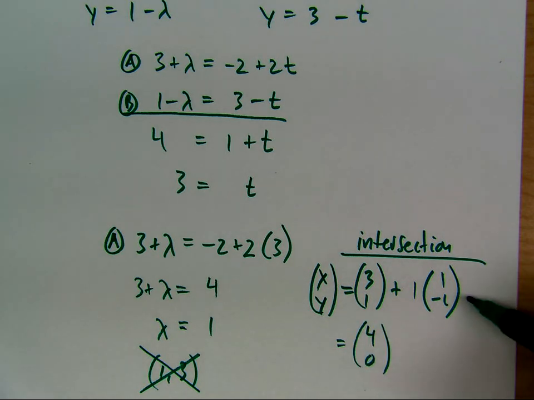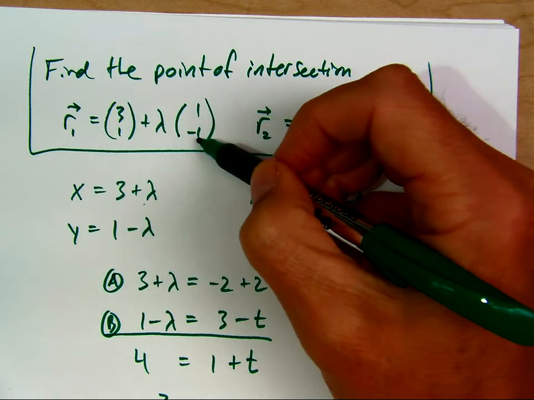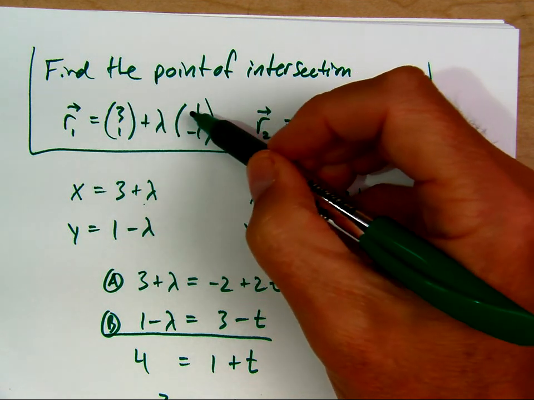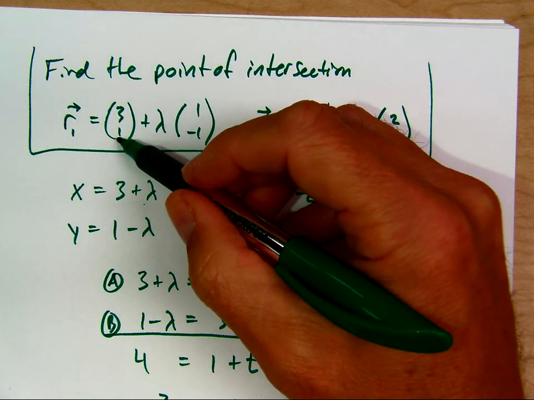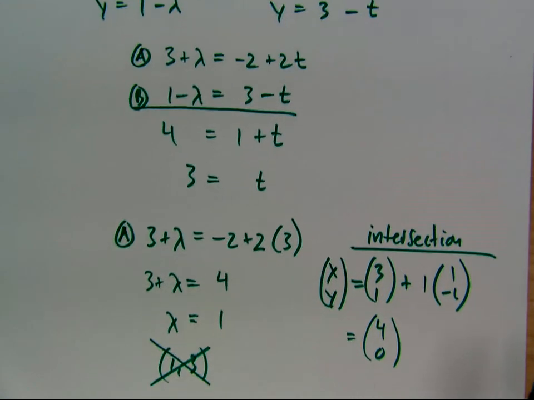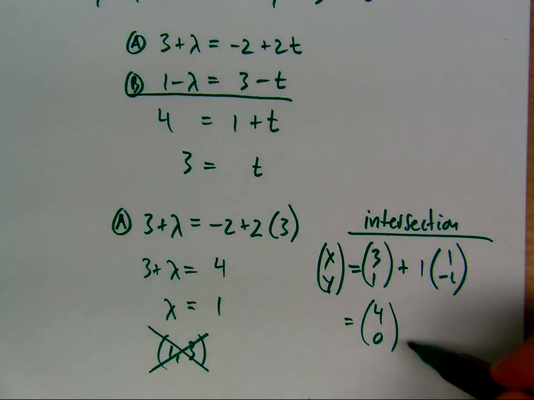We have 3, 1, 1, negative 1. Up here is 3, 1, 1, negative 1. All we have to do is substitute the value for lambda and then find the horizontal component by adding, and then find the vertical component by adding. Okay. If we use the other equation, we would get the same answer. Alright, we'll stop there.